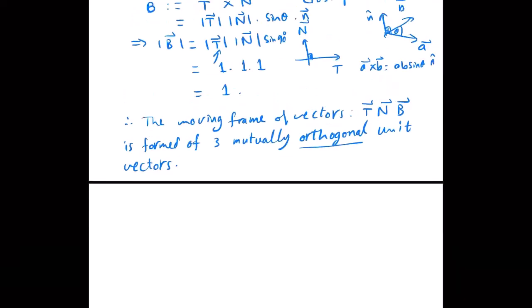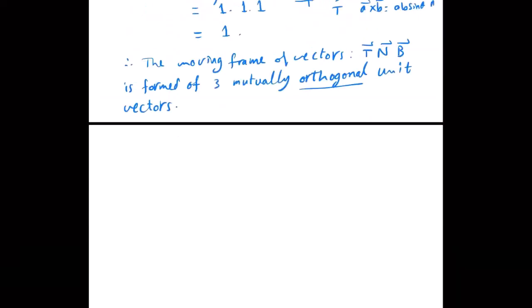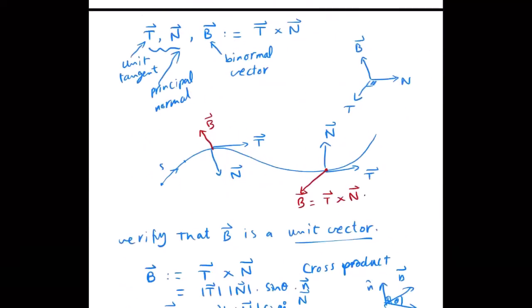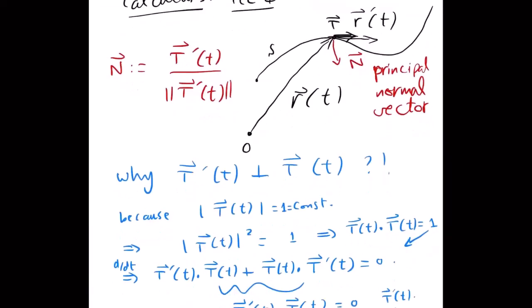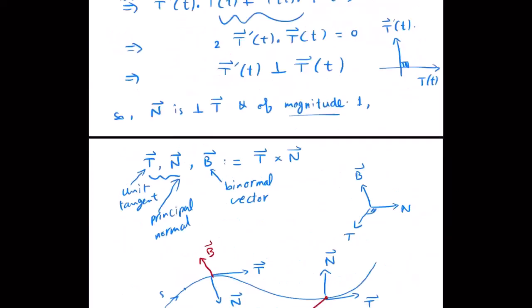Before we go into the acceleration, let's have an example to practice finding the T, N and B frame of a given curve at any point. So let's have some example.